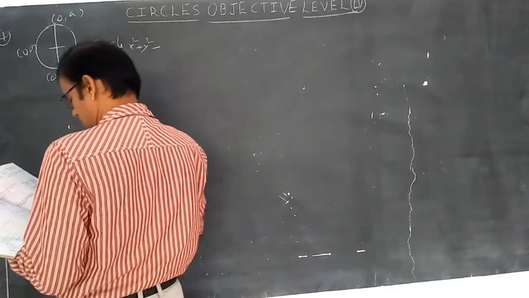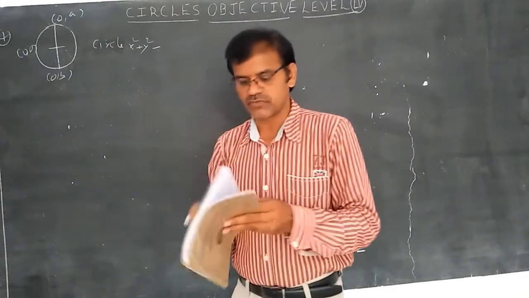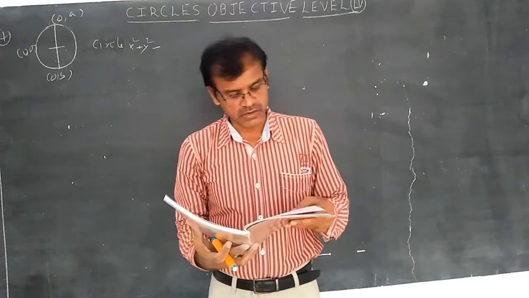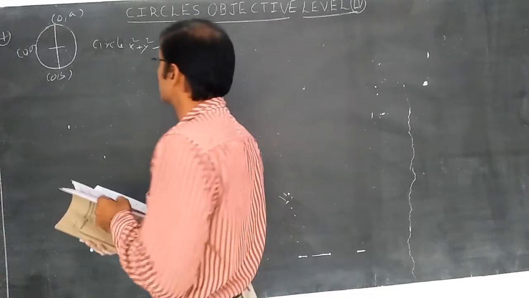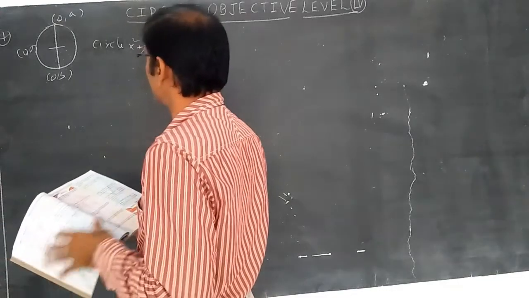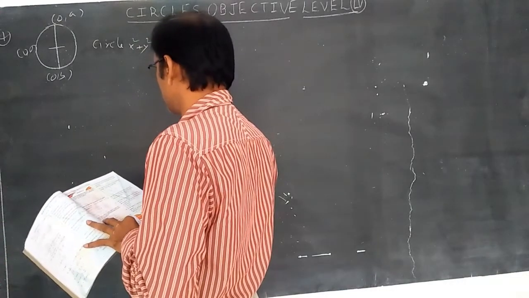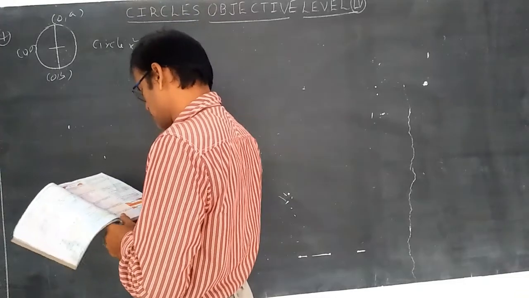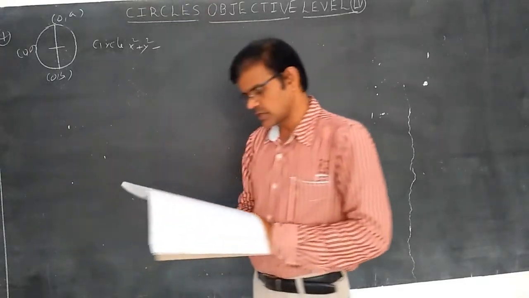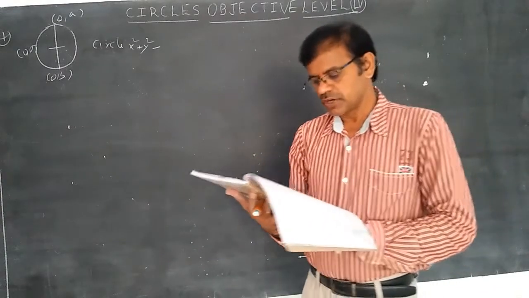If it is a, maybe it is correct. If it is a mistake, let us verify whether the mistake is there or not. If a circle passes through 0 0, 0 a and 0 b, then the coordinates of its center.